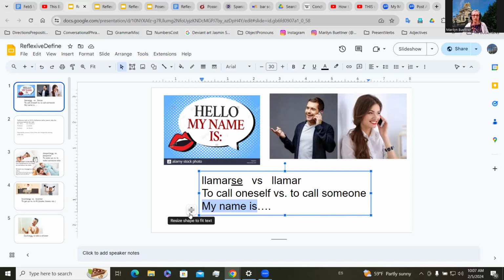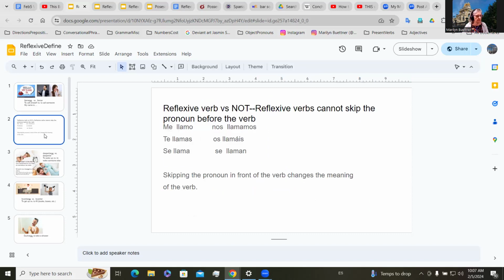But literally in Spanish, it means I call myself, you call yourself, he calls himself. So the se on the end makes it reflexive. It changes the meaning of the word. Okay, it changes it from just plain old call somebody to somebody's name is. Somebody is called something and identify their name. Yeah. See? Bien.